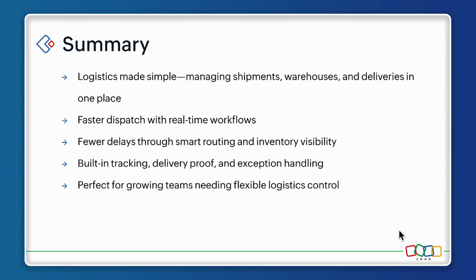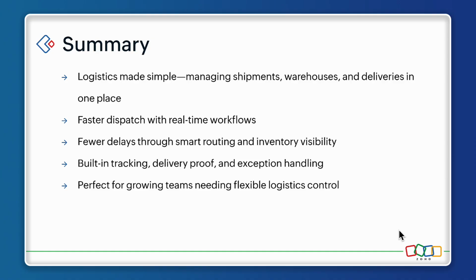For the transportation team, we have integrated with maps for better routing and to see clear locations of the customers. And built-in tracking, delivery proof and exception handling. On delivery, there needs to be a proof whether the product is delivered or not, so those can be tracked within your application.